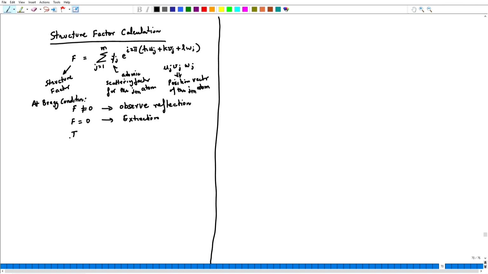So, as we have written earlier, the intensity produced is going to be the product of the structure factor multiplied by its complex conjugate.